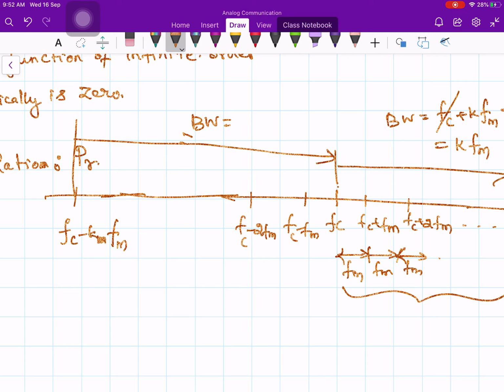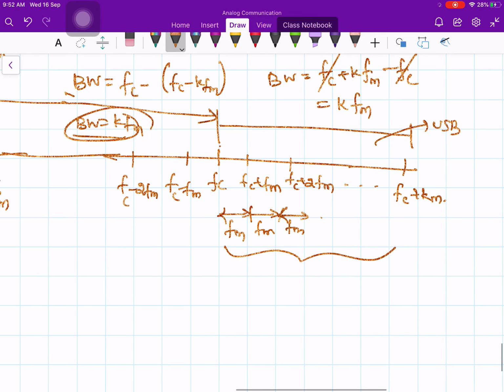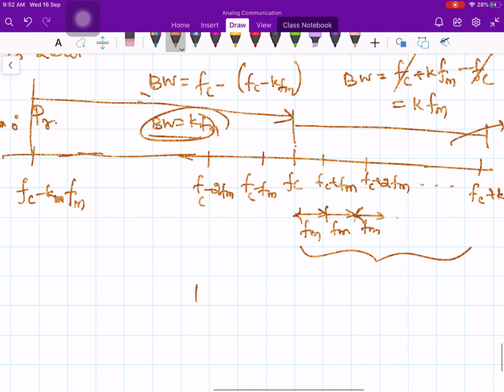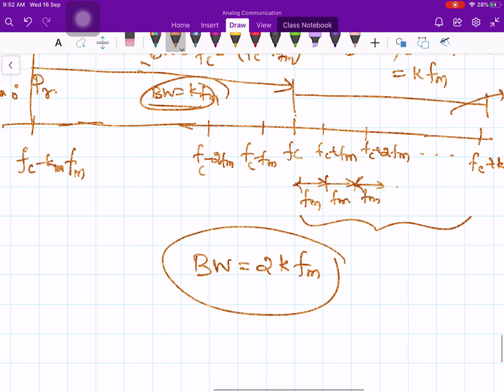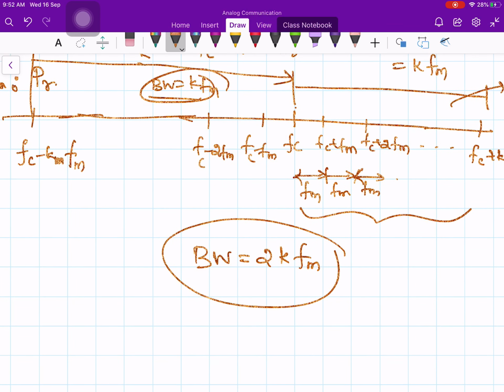The upper frequency Fc minus the lower frequency Fc minus K Fm. So Fc will get cancelled, again K Fm. From the lower sideband the bandwidth is K Fm, and from the upper sideband also K Fm. Therefore, the total bandwidth is equal to 2 times K times Fm if you consider K number of sidebands on the positive side and K number of sidebands on the left-hand side.